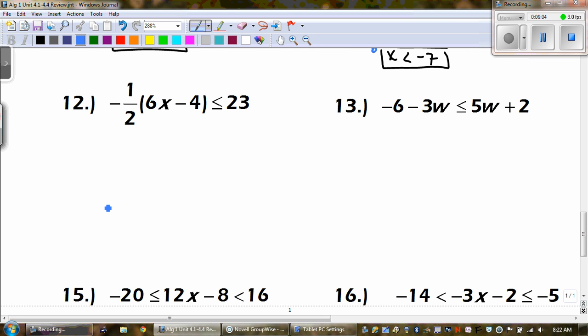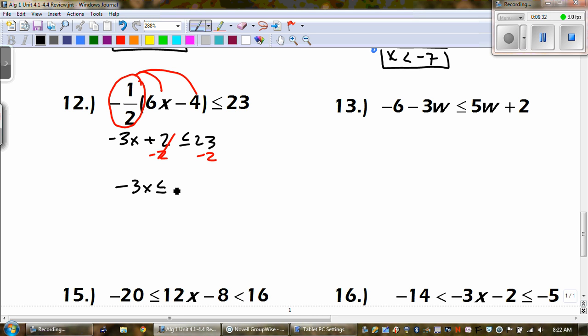All right, number 12. The first thing we want to do with 12 is distribute, okay? So half of 6 is 3, and it's going to be a -3. A negative times a negative is a positive. Okay? Now we just start solving for x, so we subtract 2 to both sides. We get -3x is less than or equal to 21.